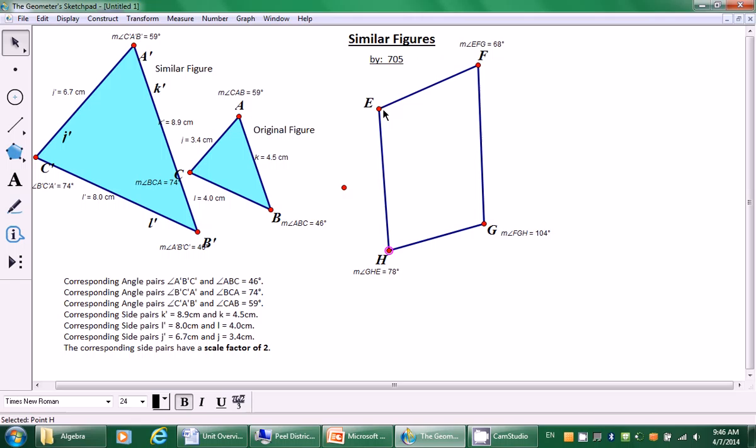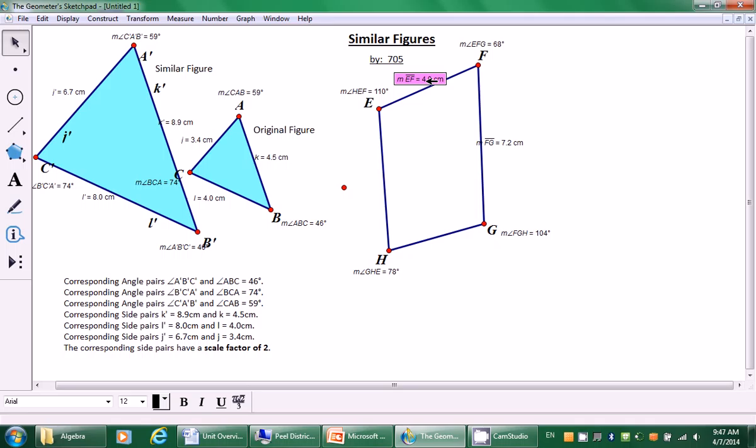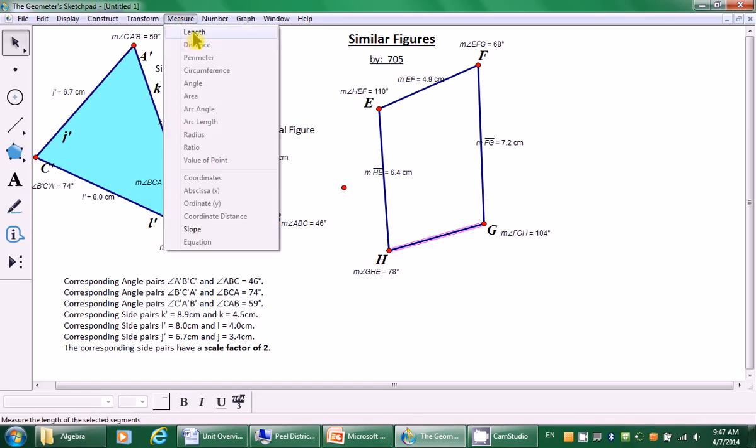Alright, I got my 4 angles measured. And then go ahead and measure your sides. Make sure you place each measurement in the right spot, whether it's on a side or on an angle.